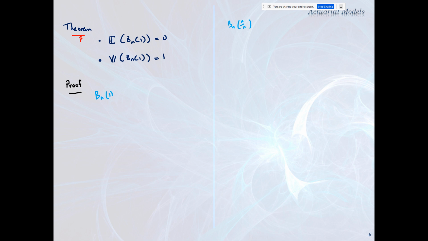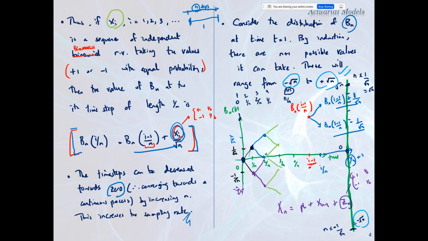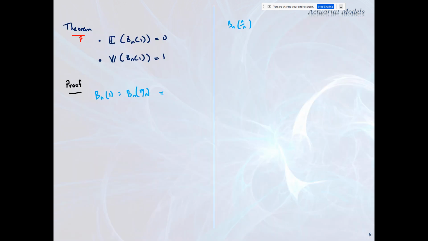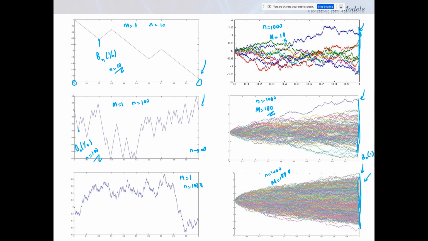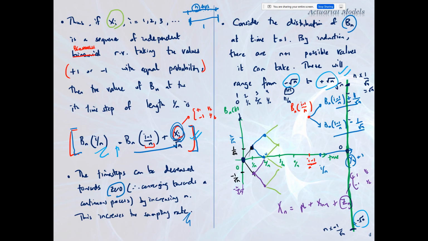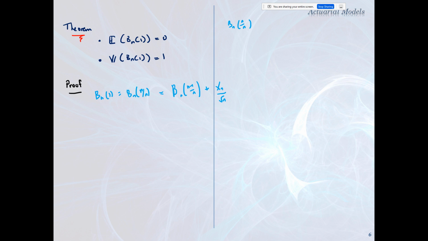So Bn of 1 is equal to Bn(n/n), and we are given the formula for this. Let us use it. It becomes B(n minus 1)/n plus xn over square root n. Use it again: this will be B(n minus 2)/n plus xn over square root n plus x(n minus 1) over square root n.